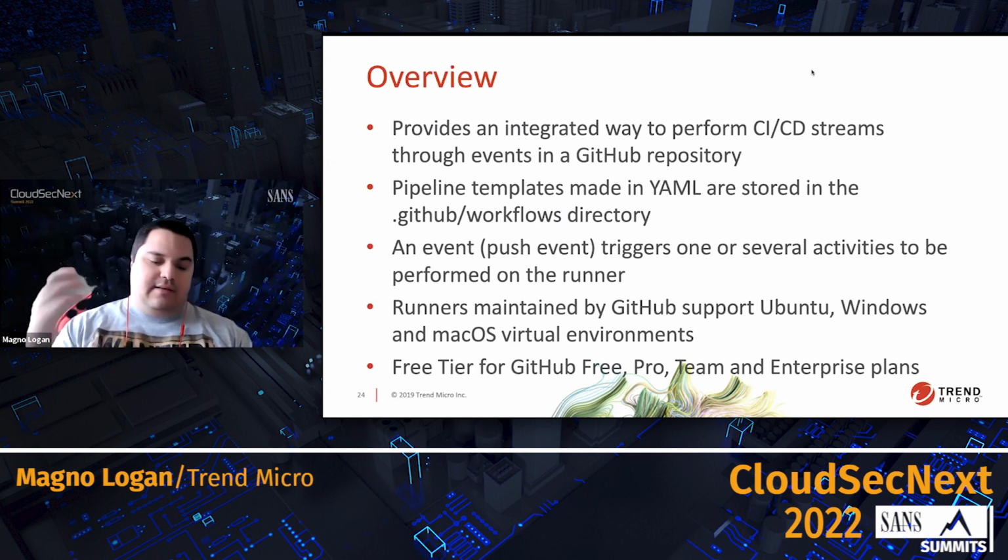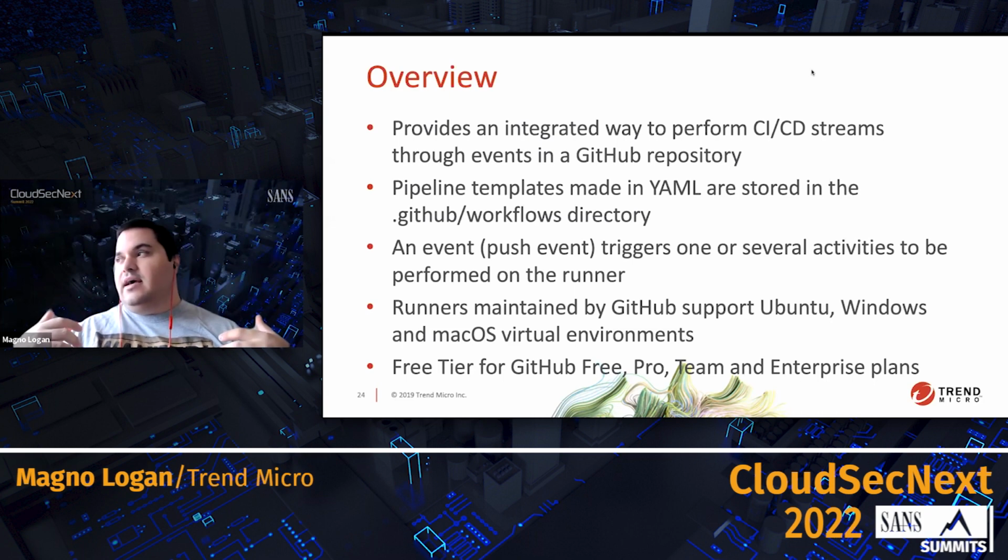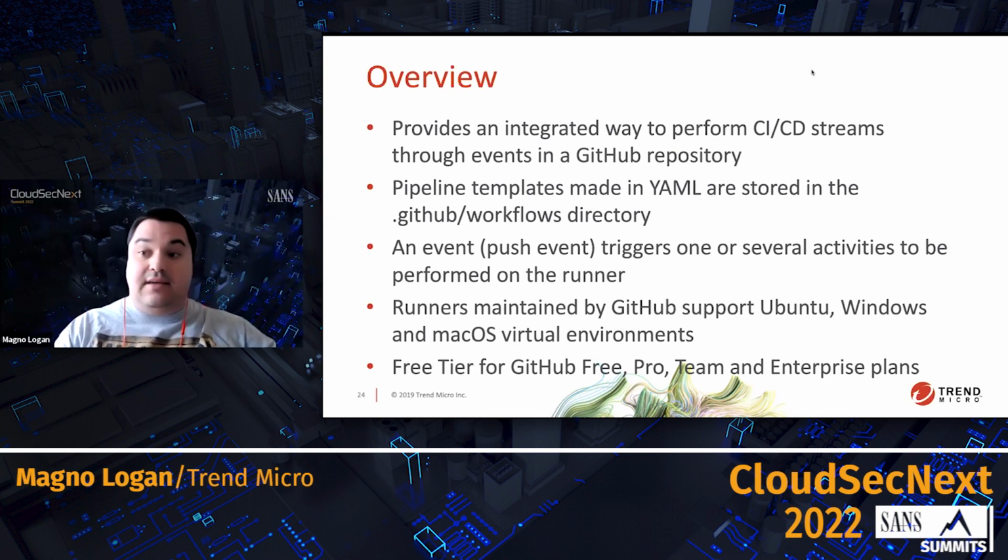GitHub Actions is basically a CI environment as a service. Instead of having your own CI solution where you have to install, maintain and update it on your own servers, such as Jenkins, which is one of the most well-known CI tools out there, now you have this service provided by GitHub that does all sorts of automations for you.